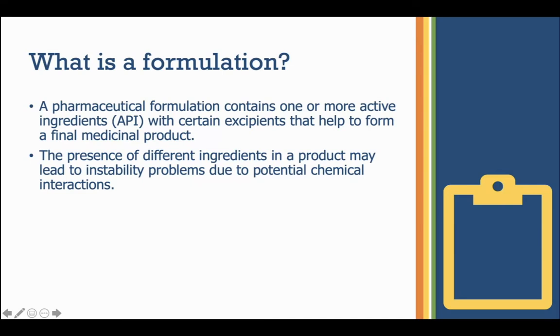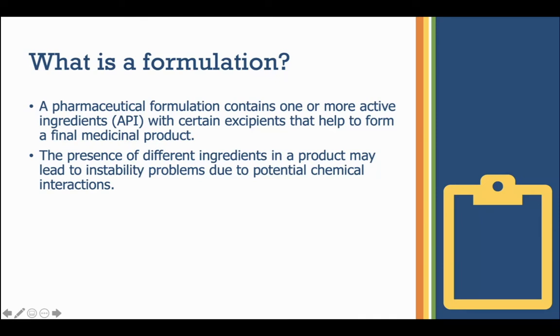The second one is the flavor, because for children, of course, we need to add flavor. So maybe there's raspberry syrup to help improve the taste and increase the acceptance of the product by the patient. Other types of excipients are preservatives or coloring agents. Those are excipients that may be added into a pharmaceutical formulation.